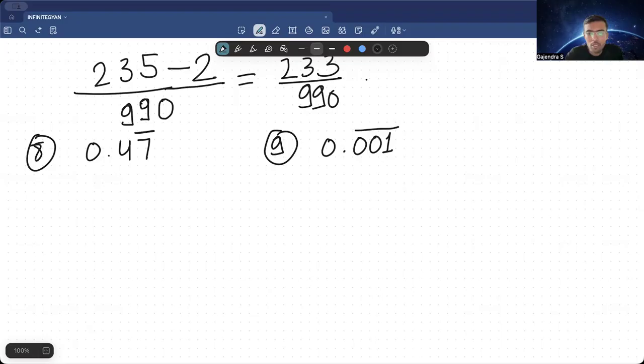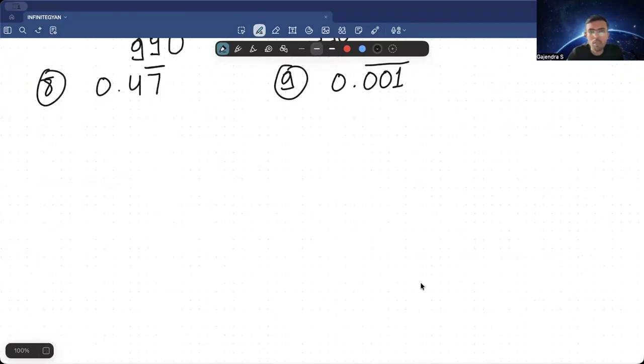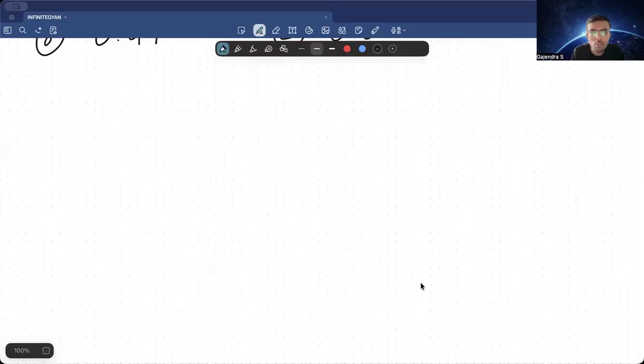Now let us move ahead, and if you have to see the type of decimal expansion, again, this type of question can be asked in MCQs.